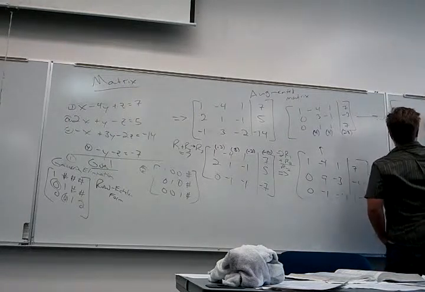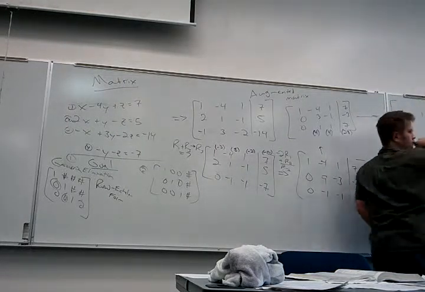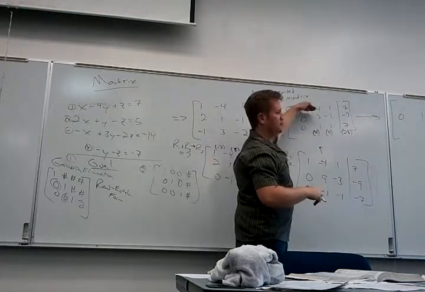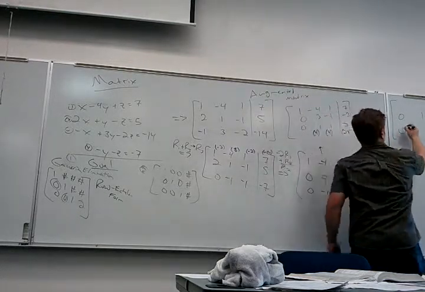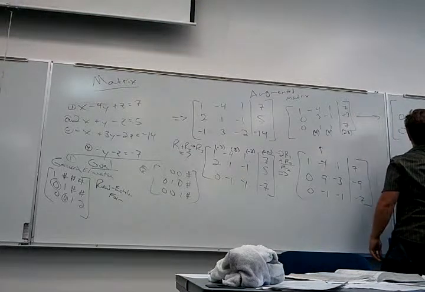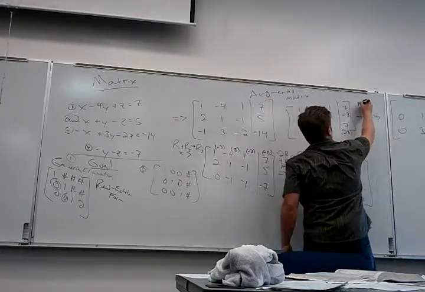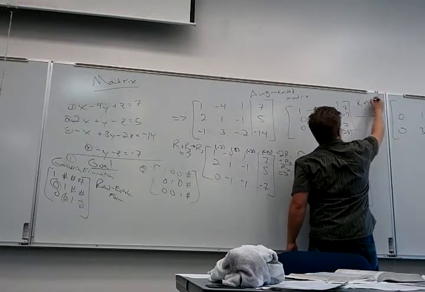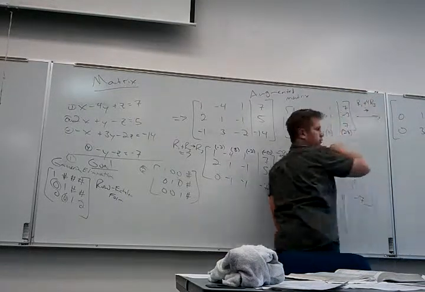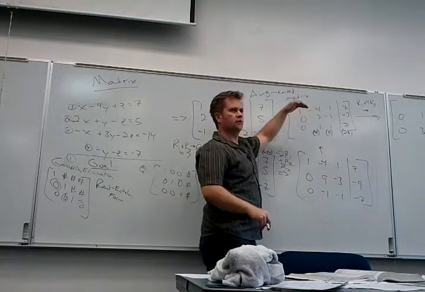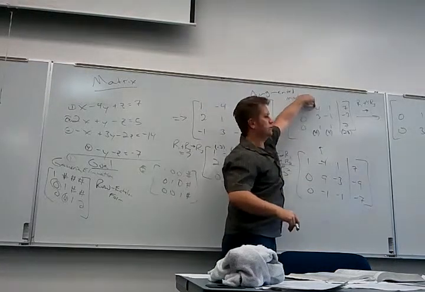So the middle, I'm going to put that in the middle. Okay, so that's going to stay the same. I'm going to put that on the bottom. And I'm going to put the result, row 1 plus 4 row 3, goes into where? Where am I going to put that result? Row 1. I love it, because that's where I want the 0 to show up.